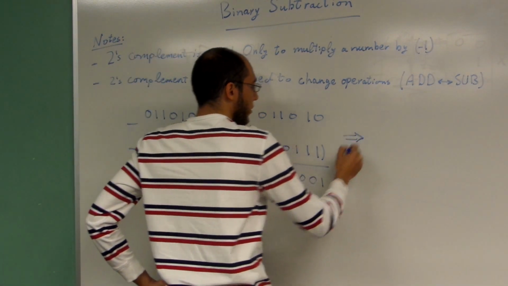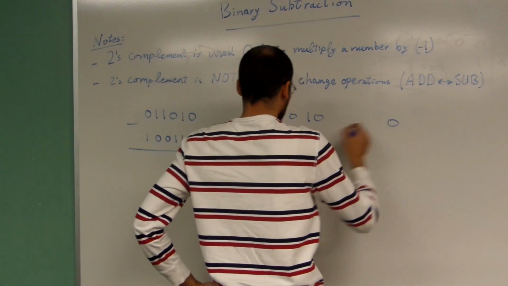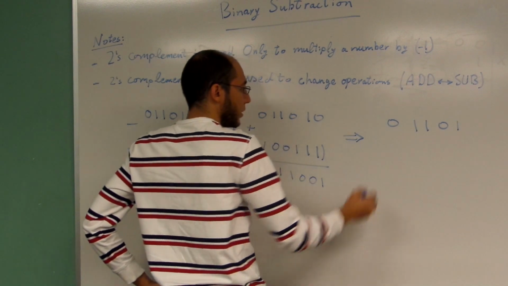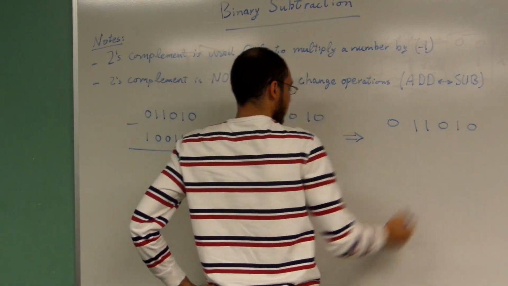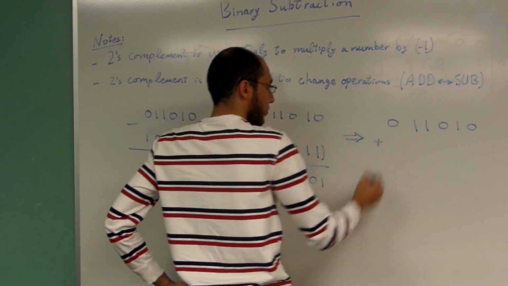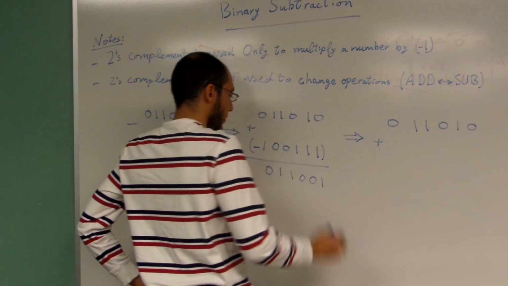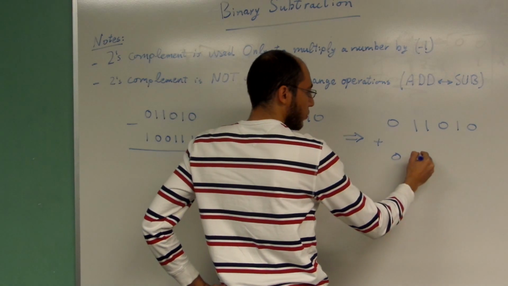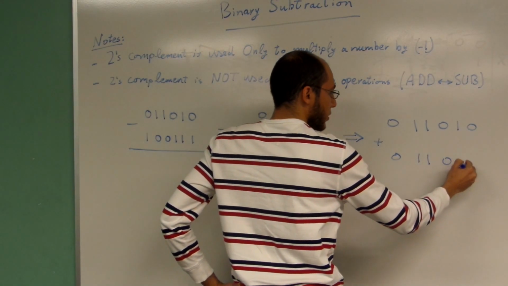What's the step number 3? It's 0, 1, 1, 0, 1, and 0, plus 0, 1, 1, 0, 0, 1.